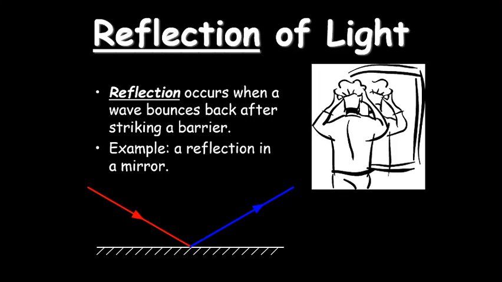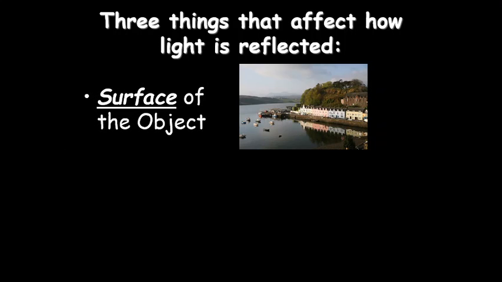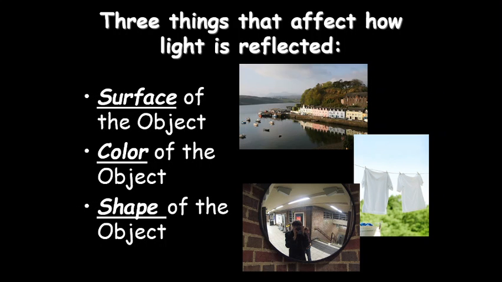Okay, so reflection occurs when a wave bounces back after striking a barrier. So here you have light and it's hitting a surface, right? And it's going to bounce back. So you have a mirror, for example. There are three things that affect how light is reflected: the surface, the color, and the shape of the object. So you might have a smooth surface or a rough surface, right?